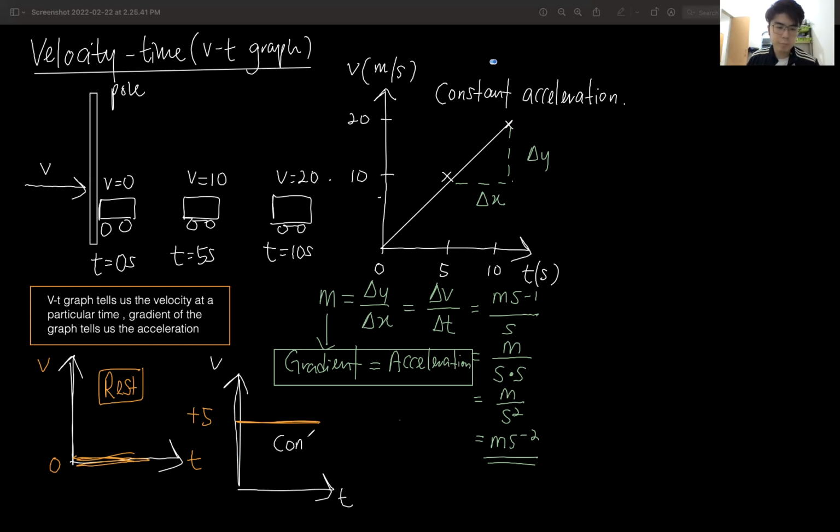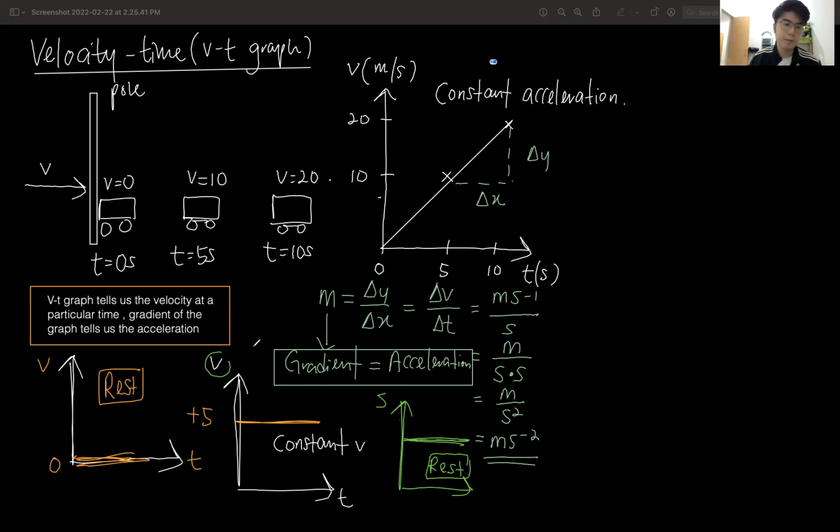So it is moving at constant v. If this was ST, like the ST horizontal, this is at rest, right? If you revise back the one that we covered just now. So over time, what does the S show you? The position. So over time, your position is the same. You are at rest. But this one is V. So over time, your V is the same. You are moving, but you are moving at constant velocity.